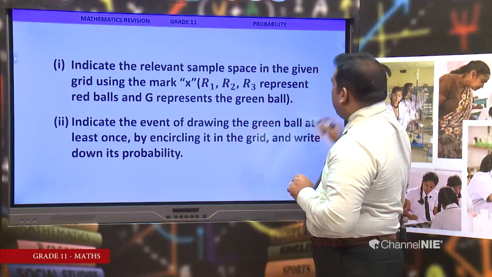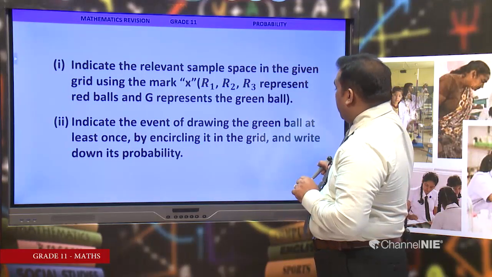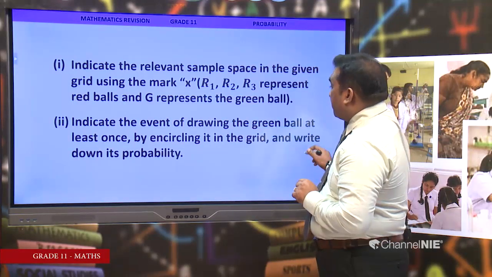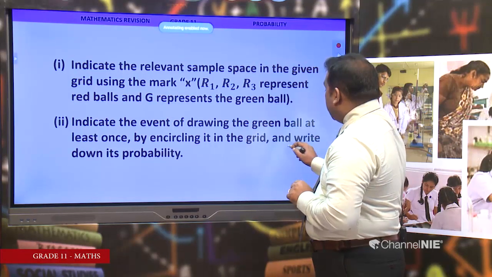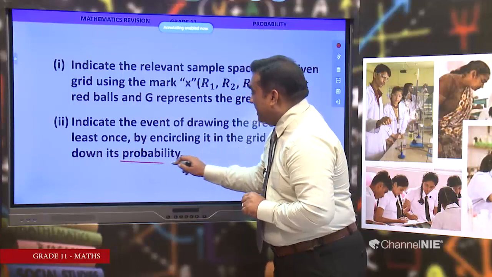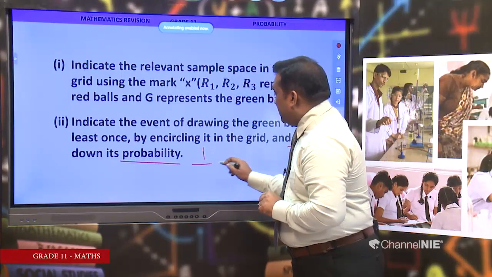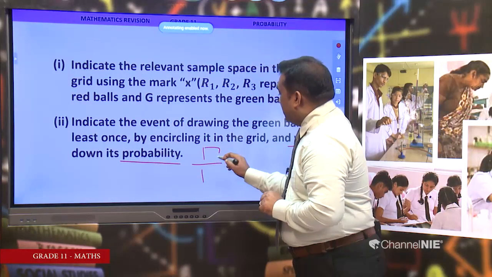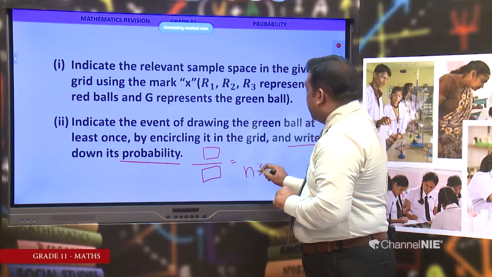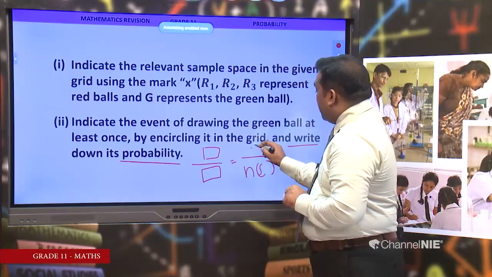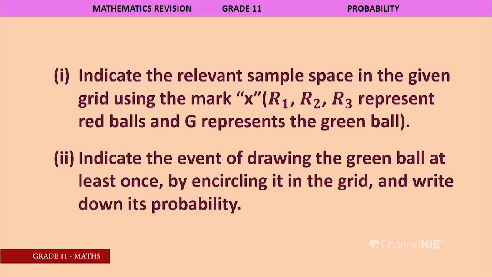Right, we'll see it. And write down the probability. Probability is a fraction, a number over another number. Here you put the number of elements in the sample space, and here you can put the number of elements in the corresponding event.